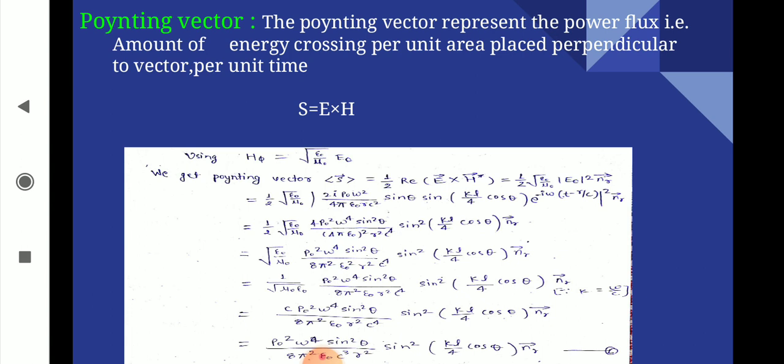We will put all the values and we will find the value of S is equal to P naught square omega to the power 4 sine square theta upon 8 pi square epsilon naught c cube r square into sine square k l by 4 cos theta n r.